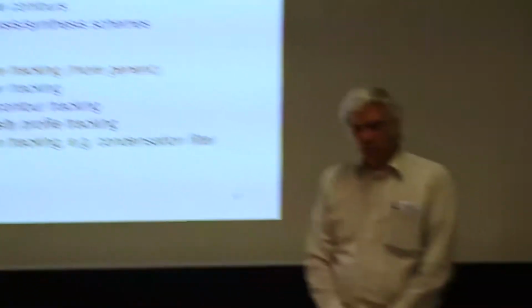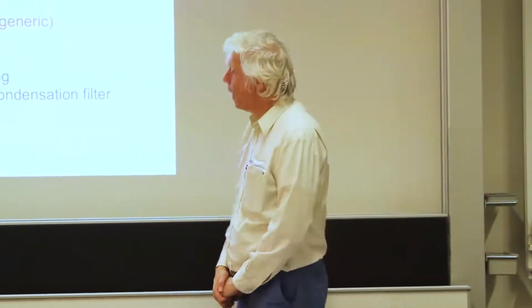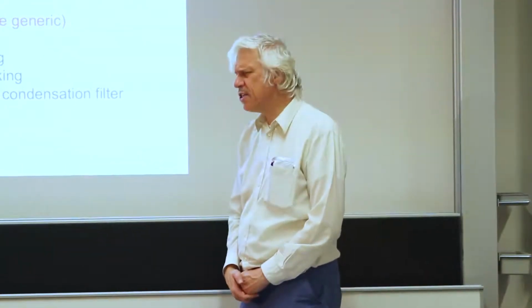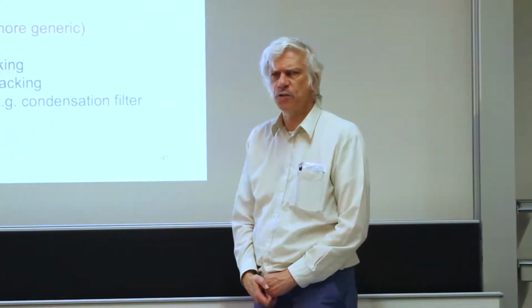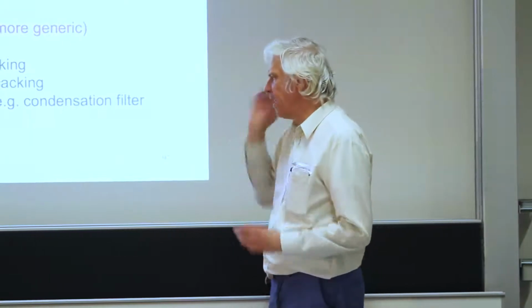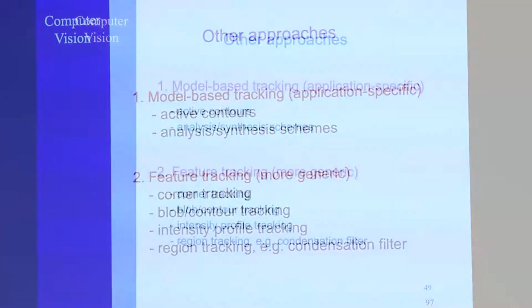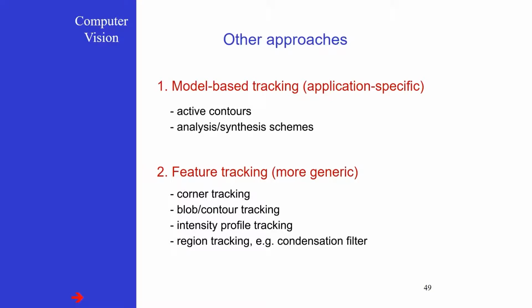And then to end this lecture, of course, the optical flow algorithm is just one among many, many ways of tracking objects throughout video sequences and so on. So there are many others as well. Some are really model-based, so they depend on a lot of knowledge about the object, like active contours, but also others that we will see in a second, for example knowing it's a person, so there's a skeleton that you can track.